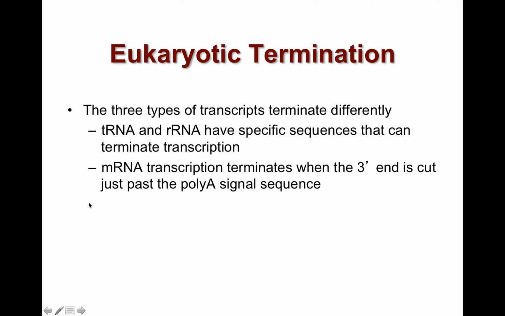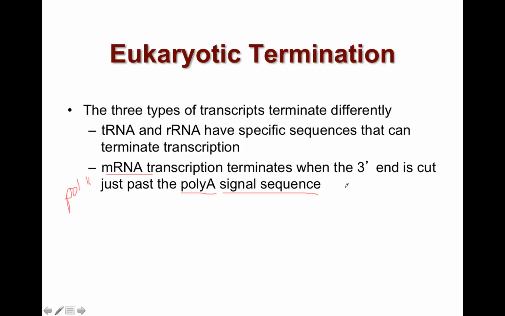However, Pol2 transcripts, remember RNA polymerase II is the polymerase that transcribes messenger RNA, terminate when the 3' end of the messenger RNA itself is cut just past the polyadenylation signal sequence. We're going to talk about what this is, polyadenylation sequence.